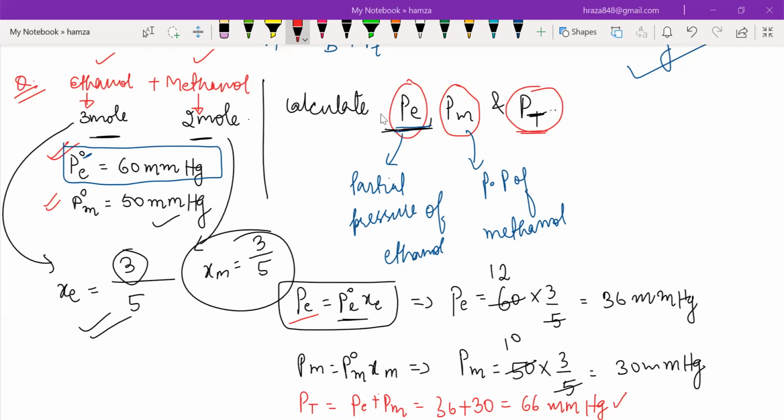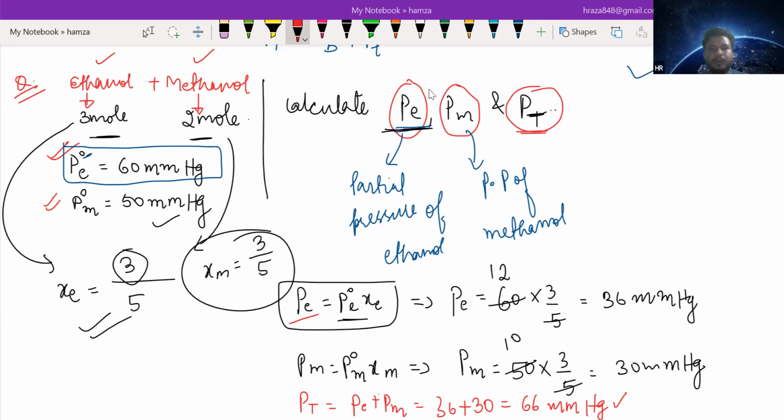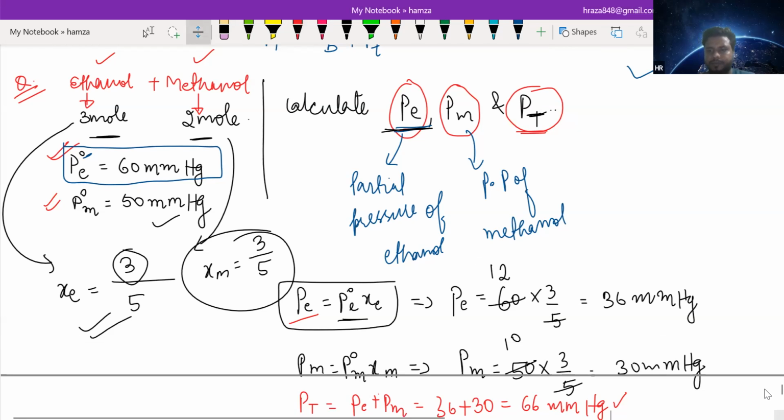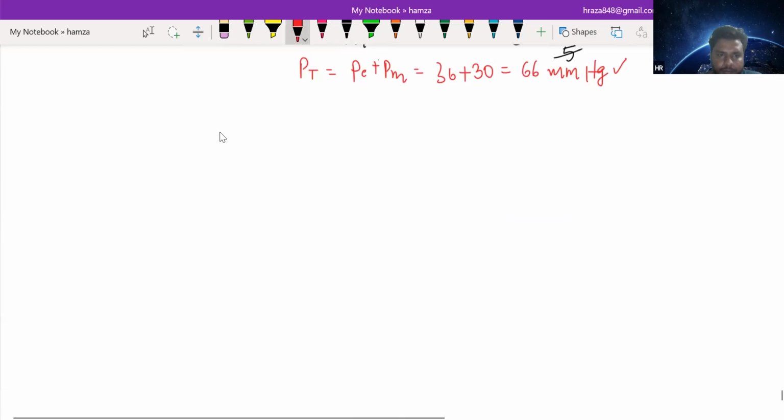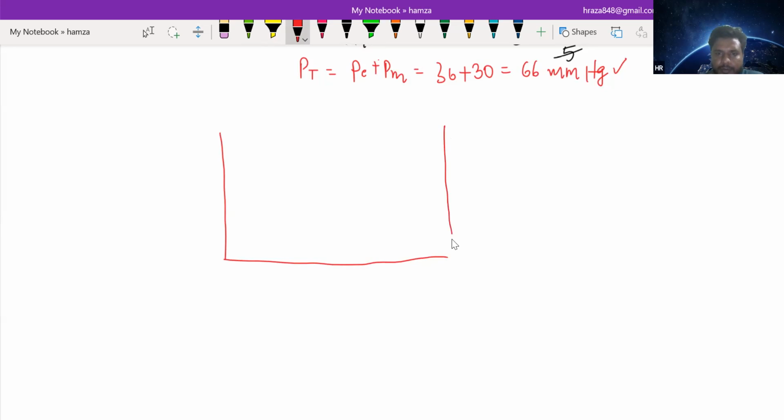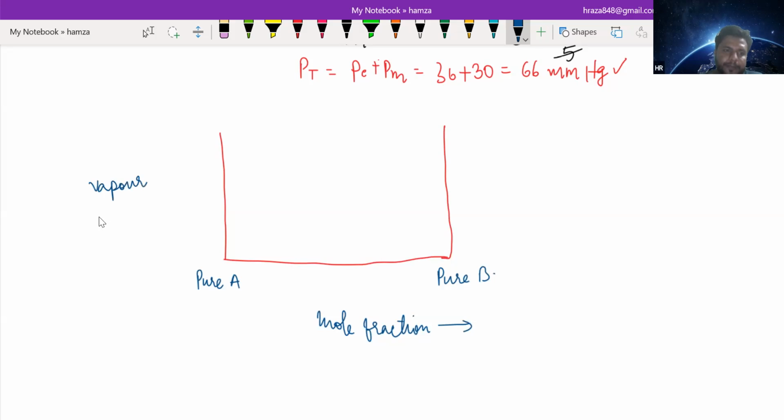Very good. Now we are going to see a graph, which is very important. See the graph. The graph is like this. Now see, this is basically pure A, here pure A, and here it is pure B. And this X represent mole fraction, and this is basically vapor pressure.